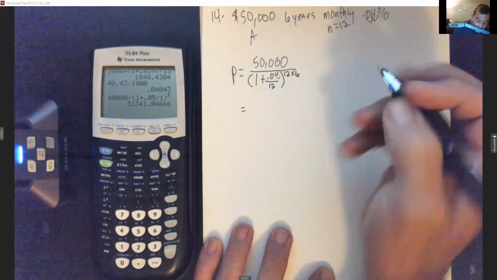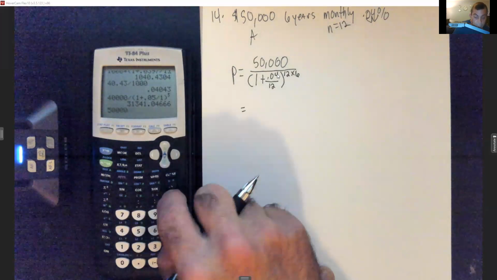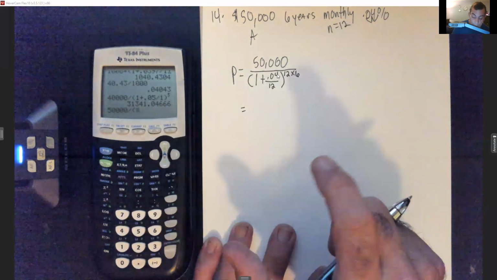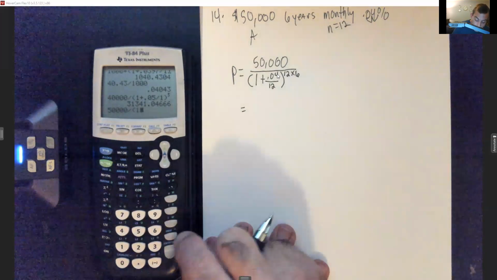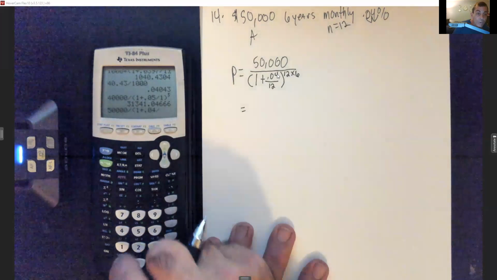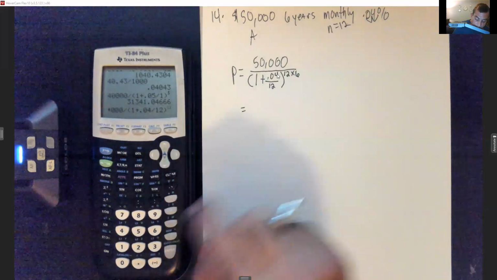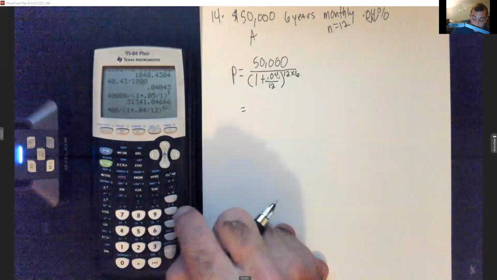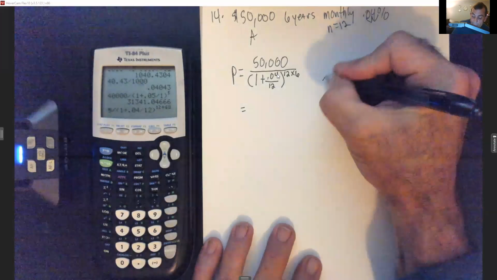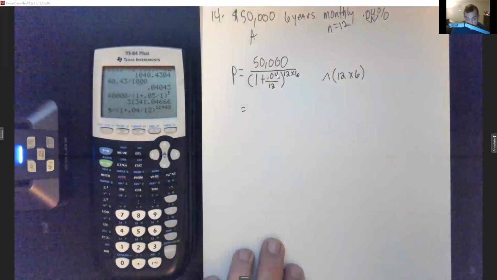So here we go, 50,000 divided by parentheses. If you don't put parentheses, this problem will not work. 1 plus 0.04 divided by 12, close parentheses, exponent, 12 times 6. Now remember, once again, if your calculator's putting that on the screen, you've got to do 12 times 6 and close parentheses for your exponent.